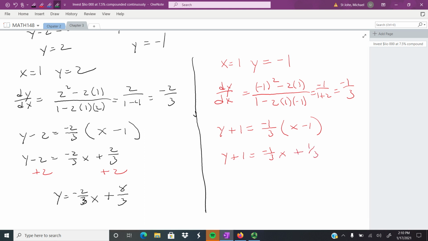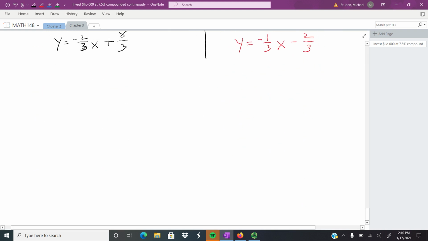And then subtract 1. And so we end up with y equals negative 1/3 x minus 2/3. And we have our equations of our tangent line.